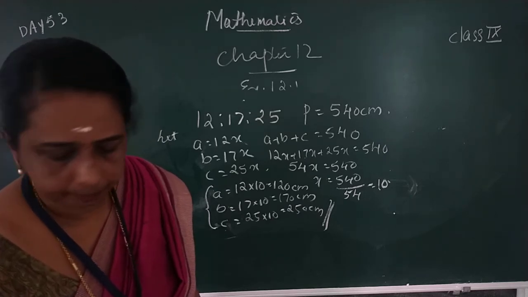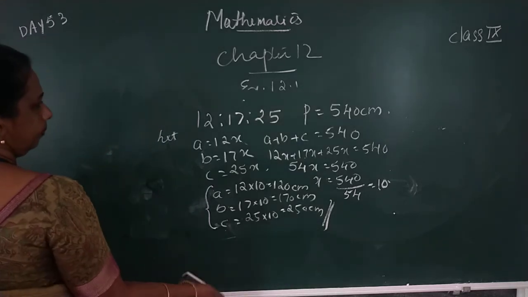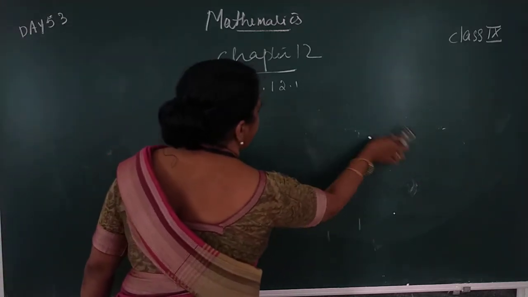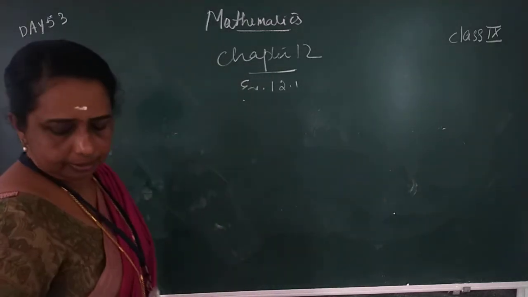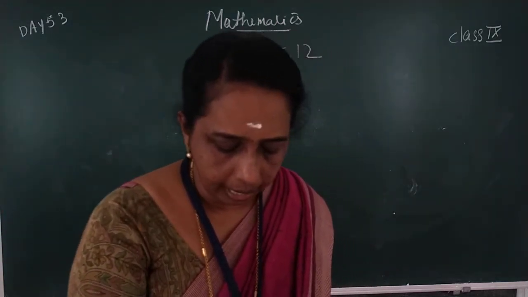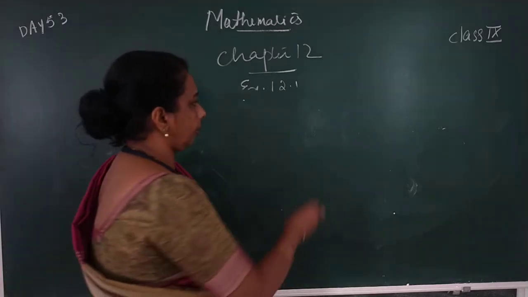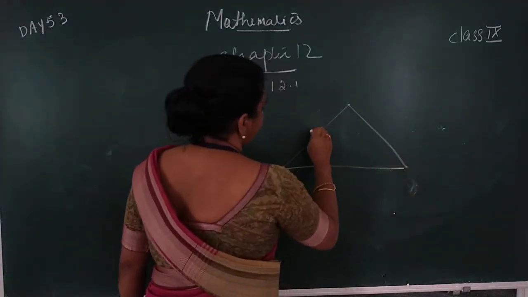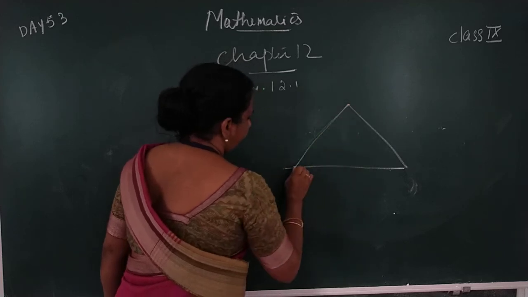Then one more problem. This is the last problem of this exercise. Second exercise is deleted from our syllabus this year. An isosceles triangle has perimeter 30 centimeter. Isosceles triangle, you know.